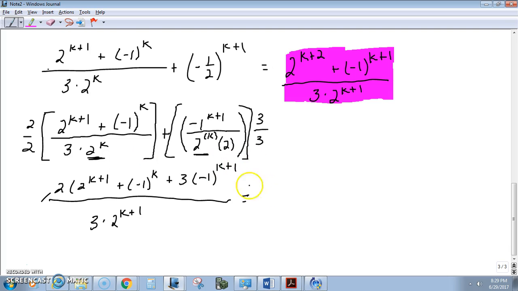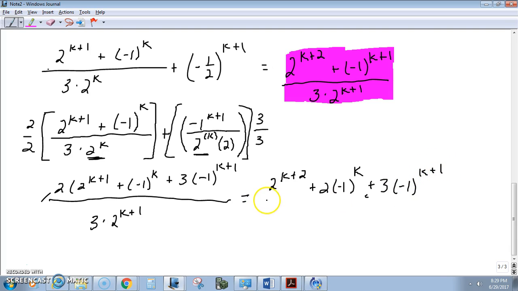So what did I do next? If you multiply this out, you get 2 to the k plus 2, which is what I wanted, plus 2 times negative 1 to the k power, plus 3 times negative 1 to the k plus 1.